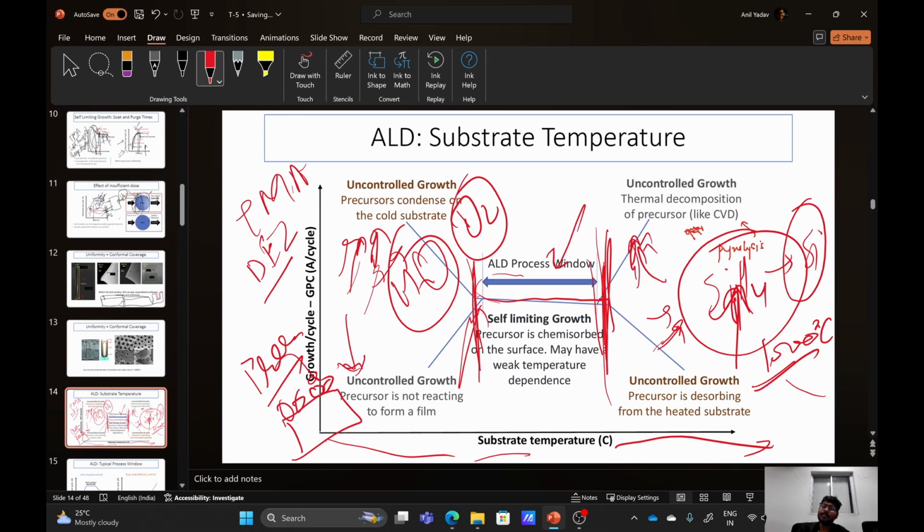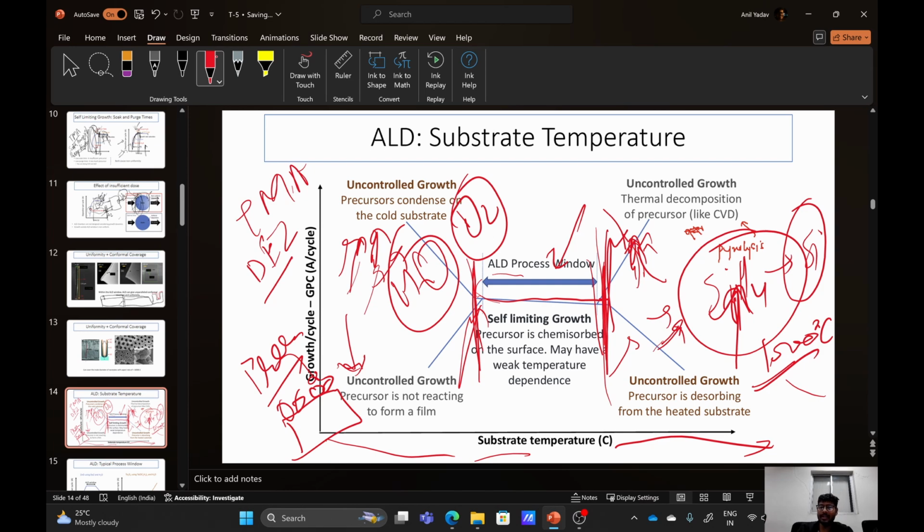That thermal decomposition won't be a layer-by-layer kind of deposition, because most of the precursor is decomposing thermally, so there can be more than a monolayer. Whatever precursor we have designed, A plus A won't react, but the decomposed precursor can go and sit down over the substrate, and that is how the growth happens, and that will be more than a layer.